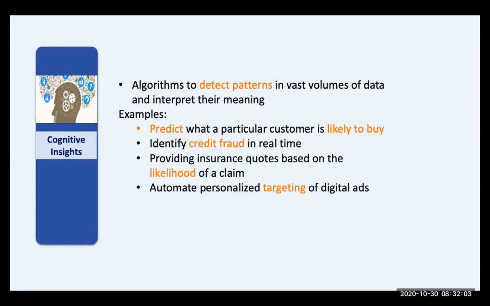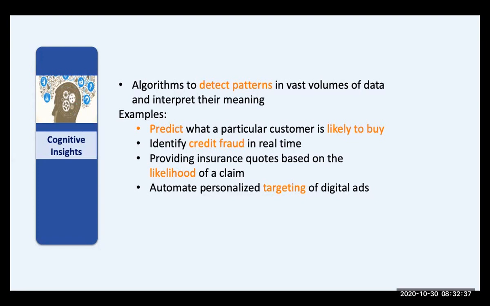Cognitive insights is an algorithm to detect patterns in vast volumes of data and interpret their meaning, in terms of what is important for the business. It helps to identify, for example in a customer retention or customer churn problem, if I'm in the retail industry, what is the probability that this customer is going to come back or not, what is their likelihood to come back.